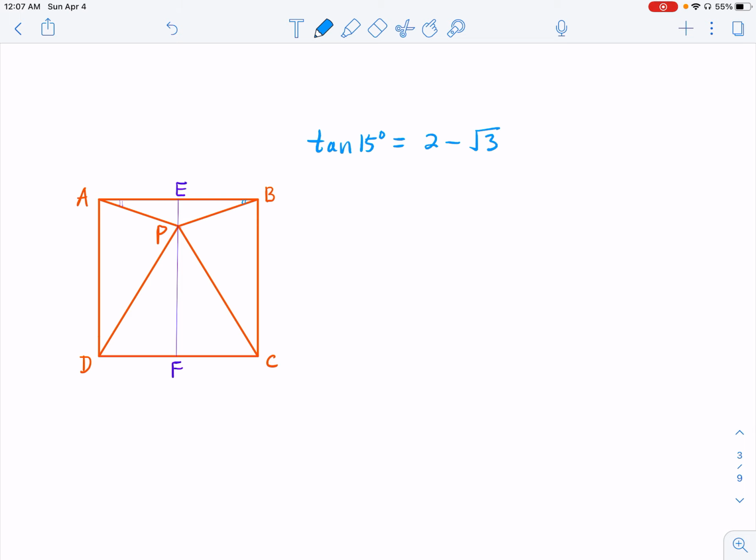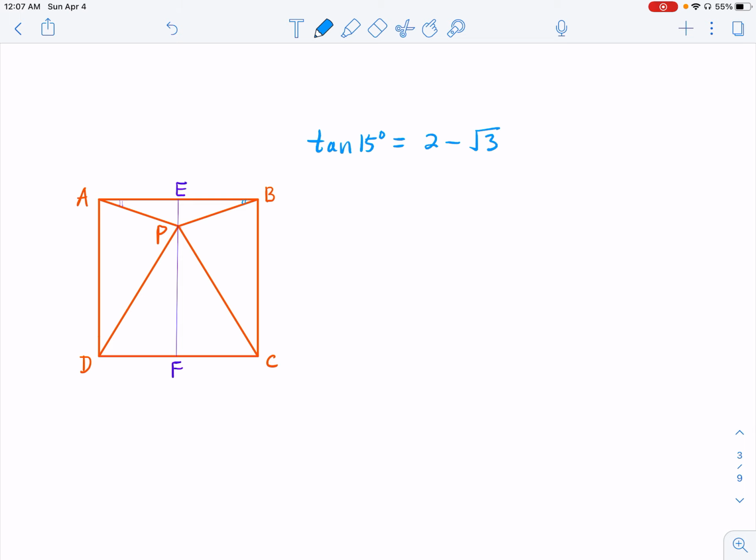Most geometry problems require additional lines to assist in the reasoning. So here we're going to have a parallel line. From the point P, we have a line EF that is parallel to AD and BC.